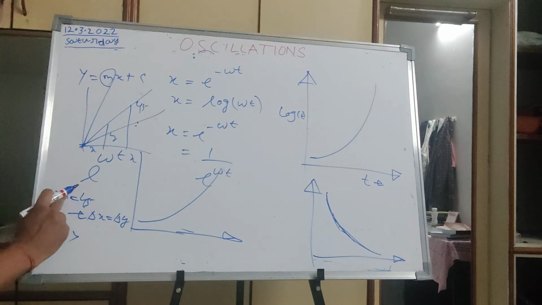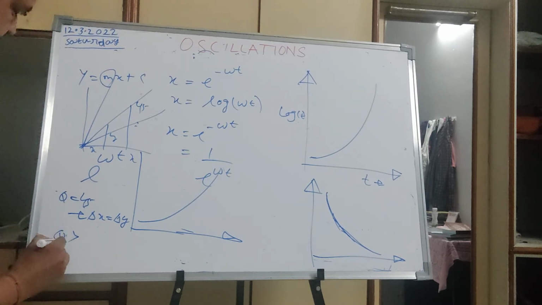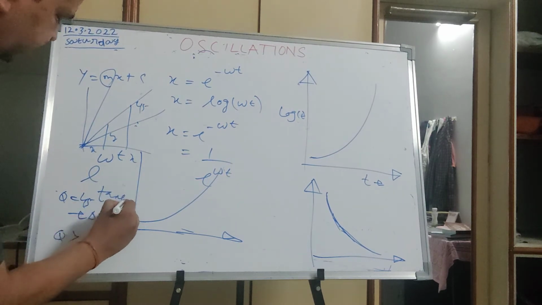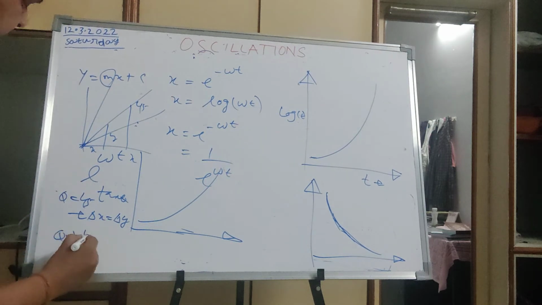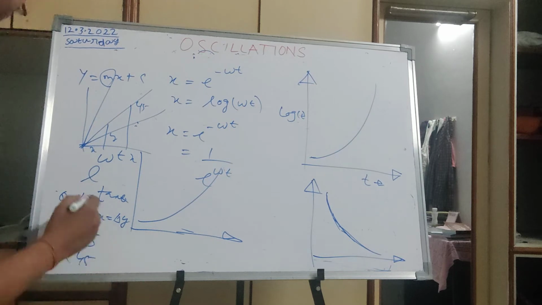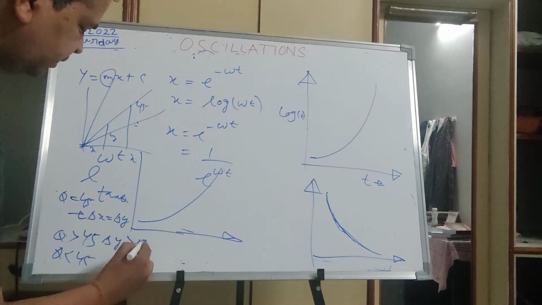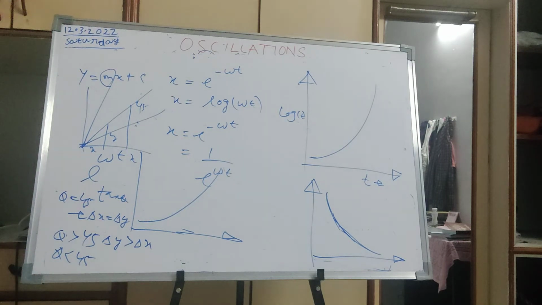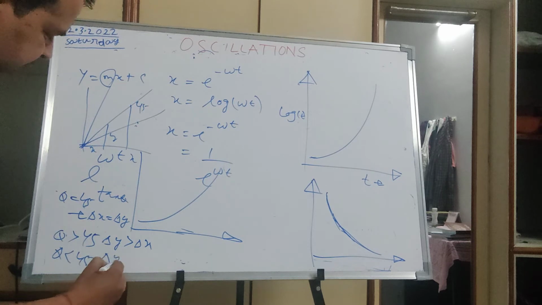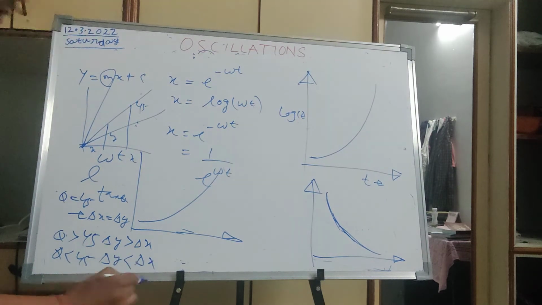Slope is nothing but your tan theta, okay. So theta greater than 45, theta less than 45. If it is greater than 45, your delta y will be greater than delta x. In the x-axis, you have delta x. If the slope is less than 45, your delta y will be less than delta x.